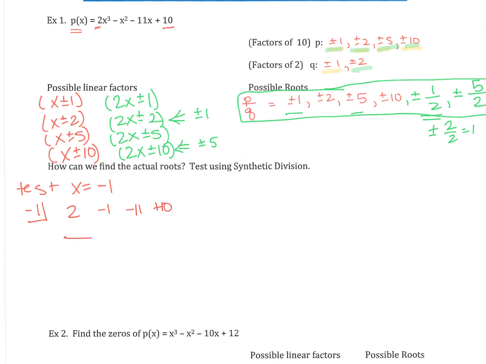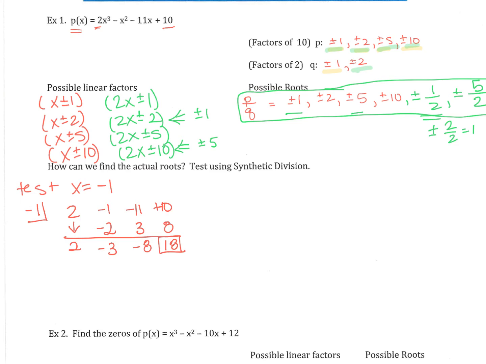Nothing's missing, so notice I have no 0 placeholders. So I'm going to bring down my 2, and 2 times -1 is -2, and I get -3, and -3 times -1 is 3, and I get -8, and I can already see I have a remainder. Really, I could stop, but I'm going to finish this off. I'm going to get 8 with a remainder of 18.